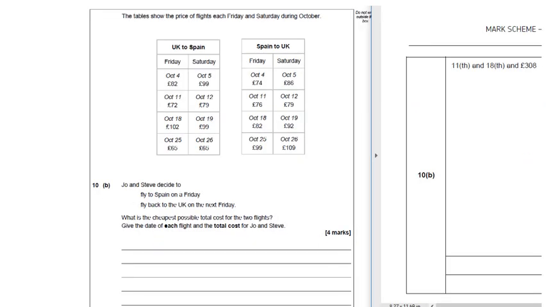Okay, question 10b. The table shows the prices of flights each Friday and Saturday during October. Joe and Steve decide to fly to Spain on Friday and come back the next Friday. So I'm going to cross these out first because the Saturday ones aren't interesting to us.